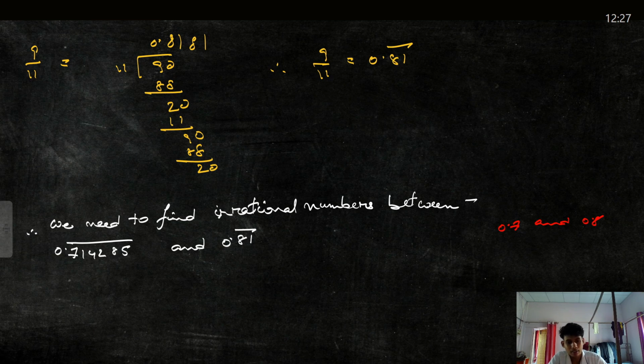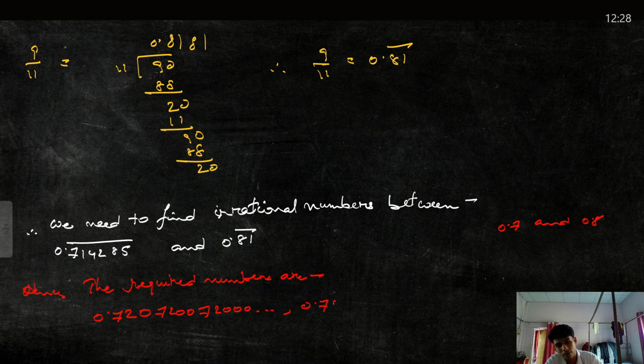Hence the required irrational numbers are 0.720, 7200, 72000, and it will continue.